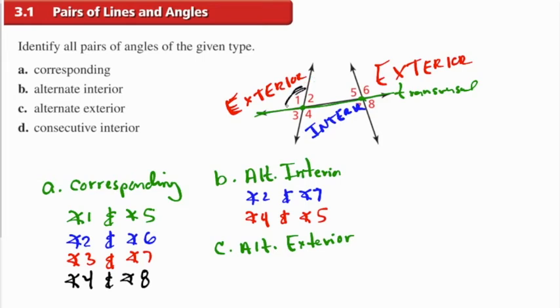So we find an angle in the exterior, and we find another angle in the exterior, but switches which side of the transversal it's on, and we see angle 1 and angle 8 are an alternate exterior pair.